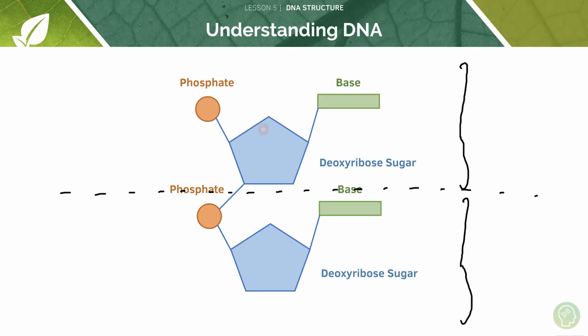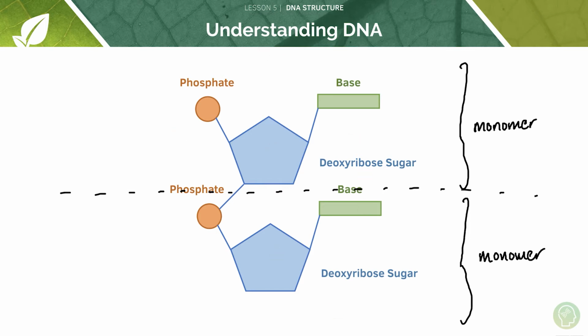Now, this deoxyribose sugar binds two phosphates. One is its own phosphate, one is the phosphate of the neighbouring deoxyribose sugar, and this is what allows our two monomers to form a polymer. So imagine this whole structure repeating itself again and again and again.